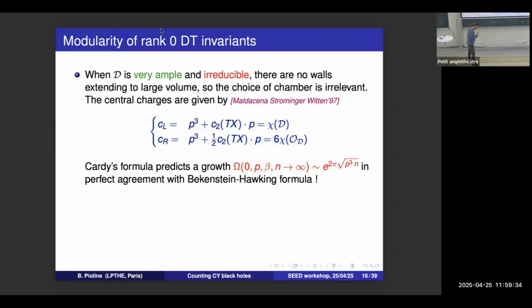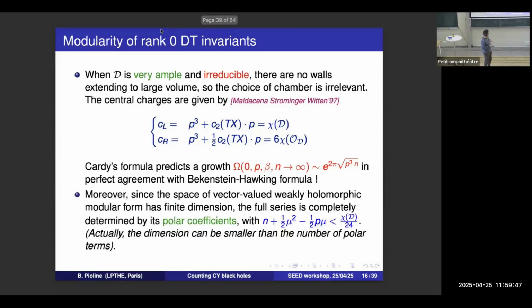Well, it was the version of the big success of Strominger and Vafa, now for arbitrary Calabi-Yau threefold, but for this particular choice of divisors, which are kind of smooth and very, very well behaved. And of course, once you have this modularity property, you are in very good shape because the space of these generating series has finite dimension.